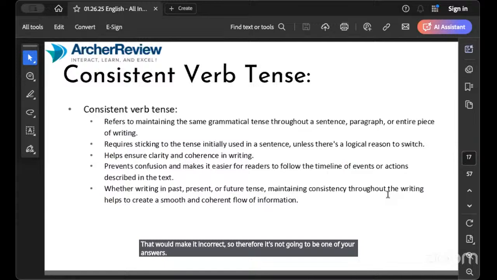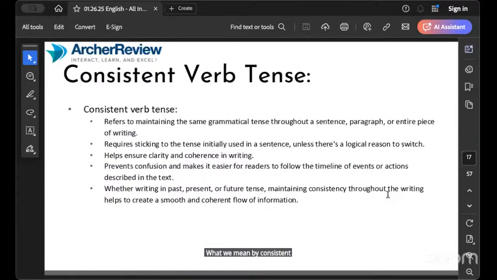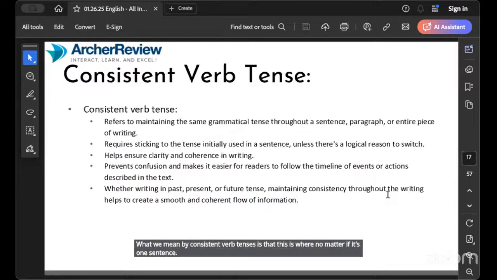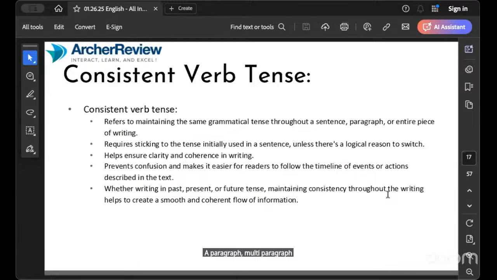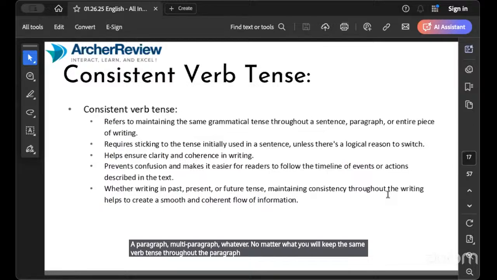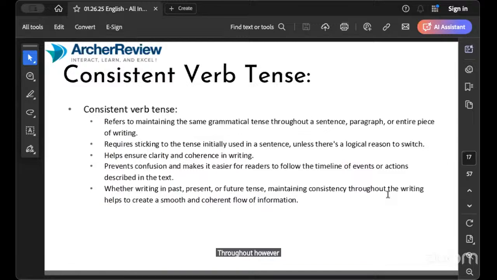What we mean by consistent verb tense is that no matter if it's one sentence, a paragraph, multi-paragraph, whatever, you will keep the same verb tense throughout the sentence, throughout the paragraph, throughout the passage. Throughout however long it is, you will keep consistent verb tense.